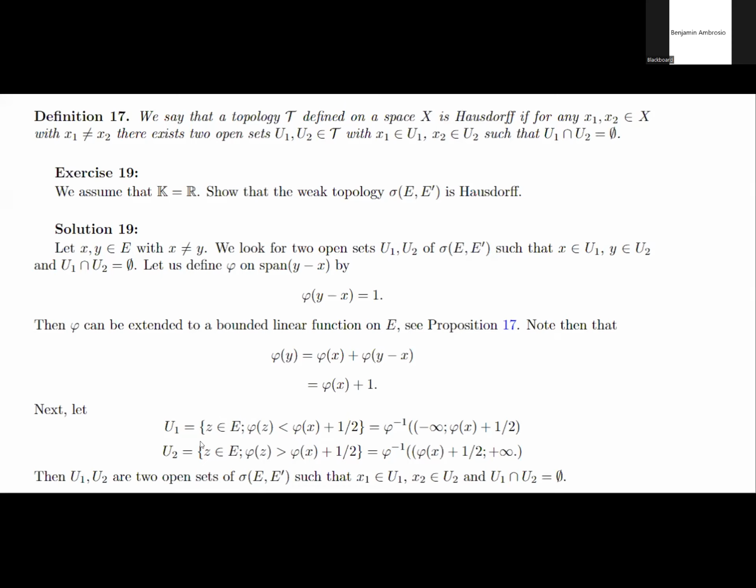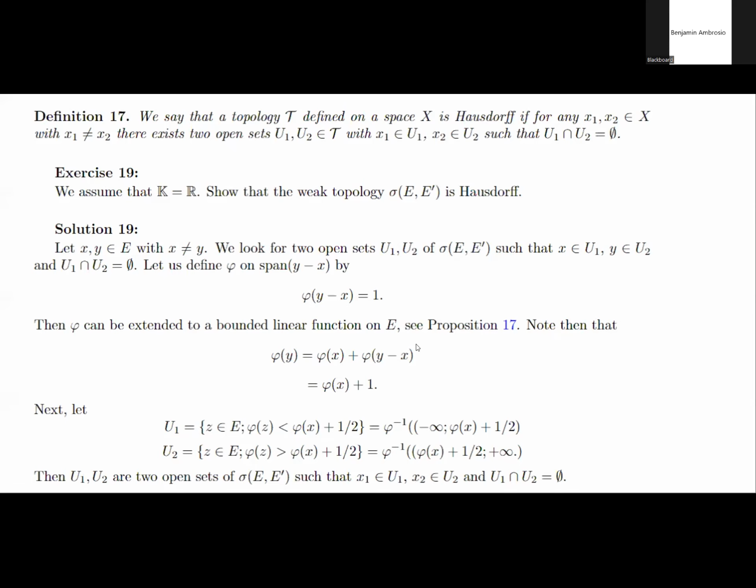So by definition, those are open sets of my weak topology, because phi is a bounded linear function, and so phi minus 1 of an open set of R is an open set of the weak topology.